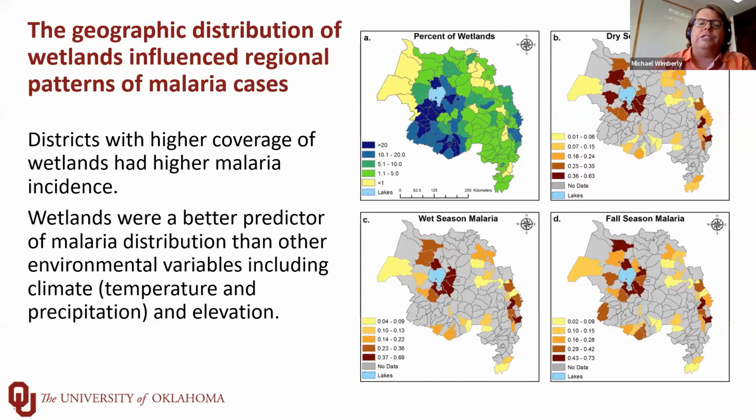And you can see, this is broken down by what are called woredas or districts. If you look at the upper left, subfigure A, the bluer areas have more wetlands. And then the other maps are dry season malaria, wet season malaria, and then the fall season right after the wet season.